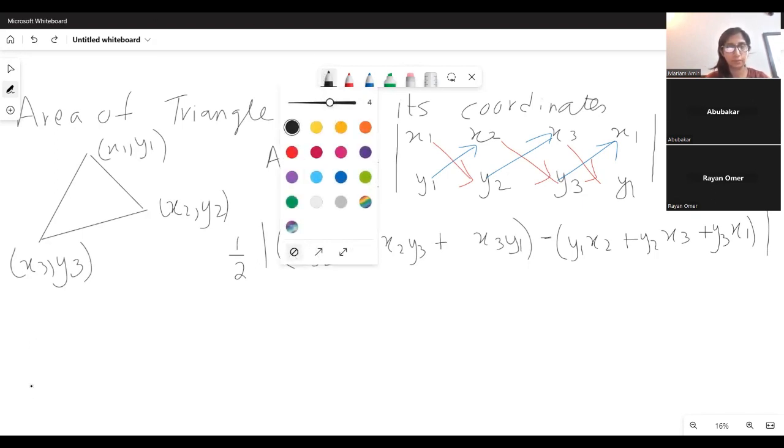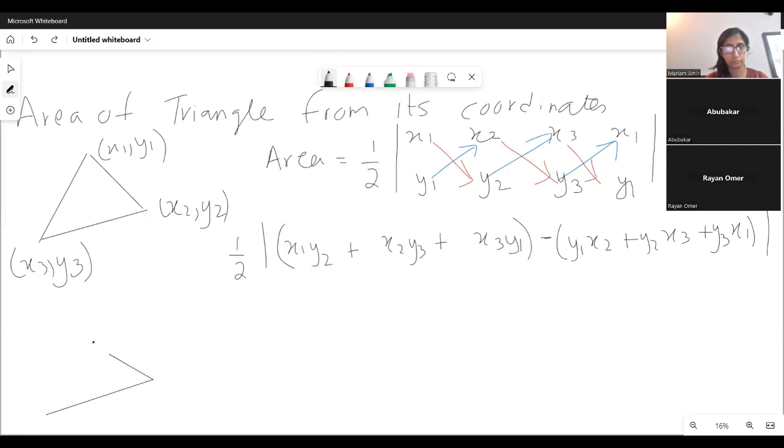Let's do an example question. So let's say you have a triangle with coordinates A is 2, 4. B is 3, -1.